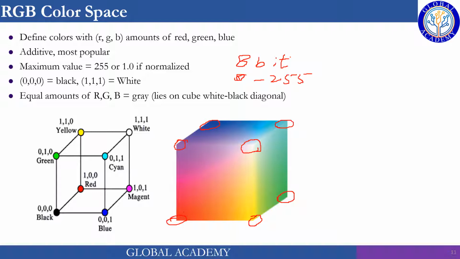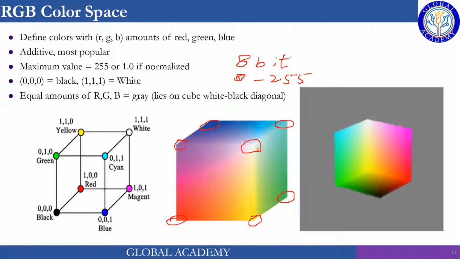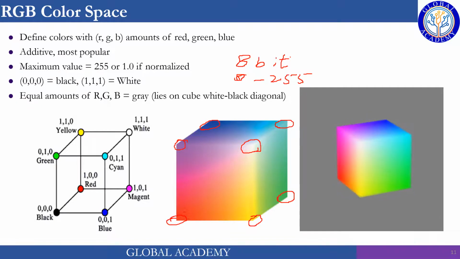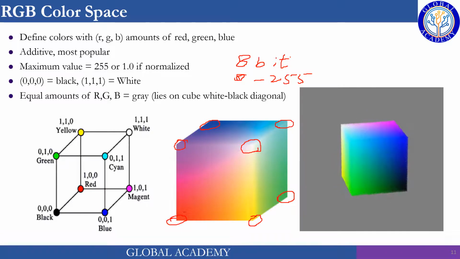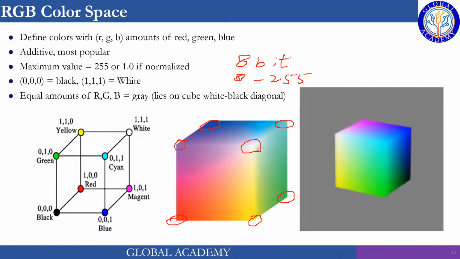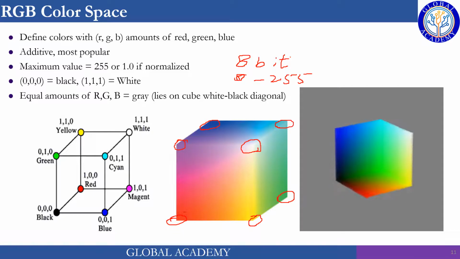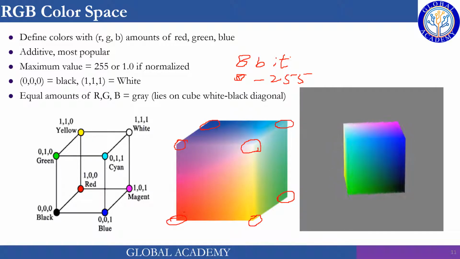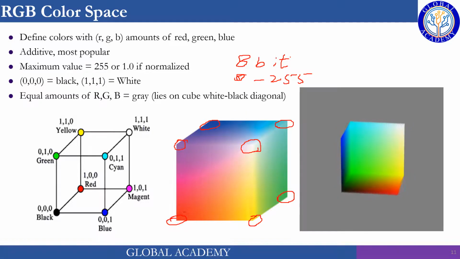The black one is the hidden corner, like we have here. It's the same color cube which is rotating. So we can identify blue, then cyan, then magenta, cyan, red, green, black, white. This is the white corner, and this is the black corner.